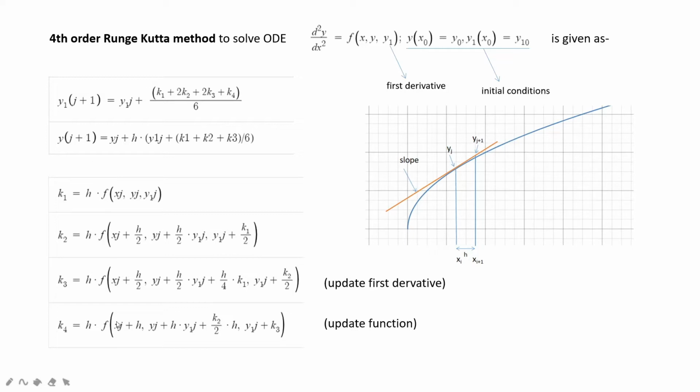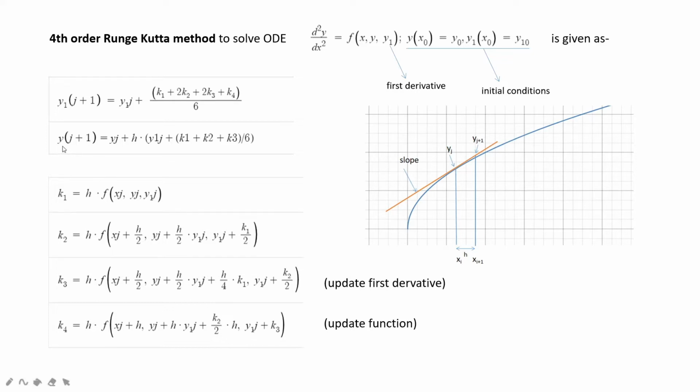With a little deeper look, with the help of this diagram on the right, you can see what k1, k2, k3, k4 mean. For our purpose, we just need to use them as an algorithm.